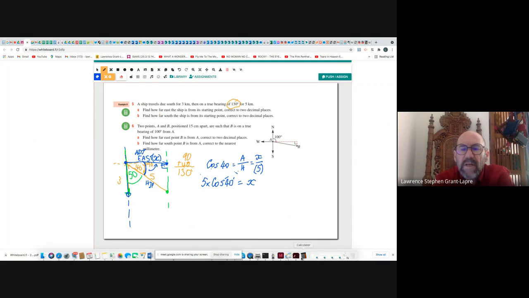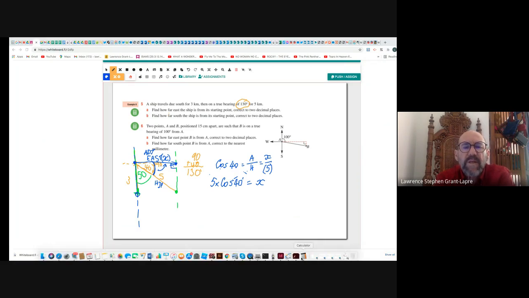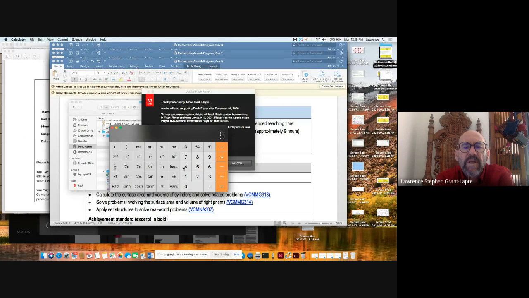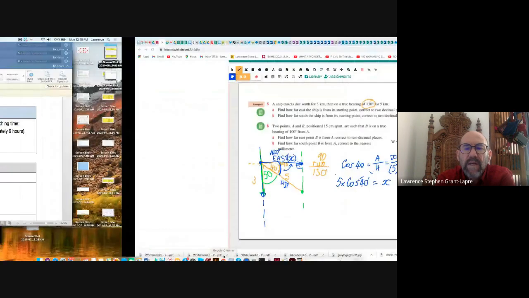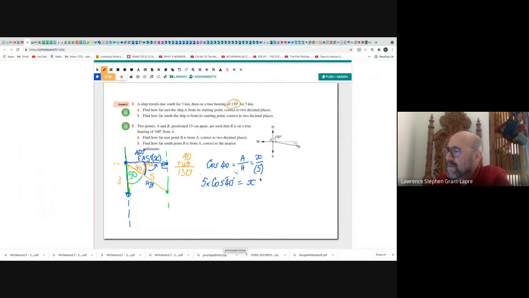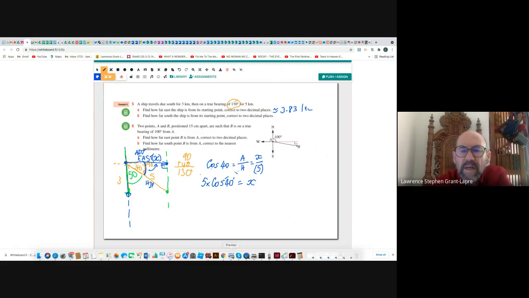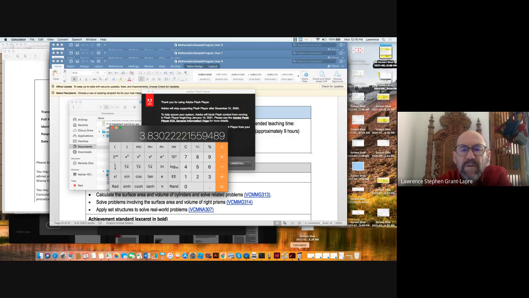Let's go to the calculator and find out what is 5 times cos 40. 5 times cos 40 is 3.83, so about 3.83 kilometers. On the calculator, it was 3.830222.